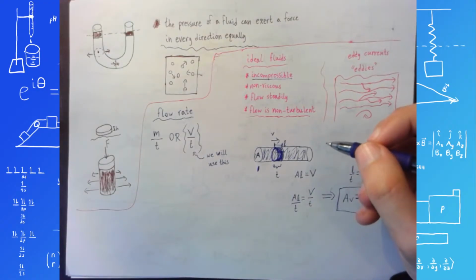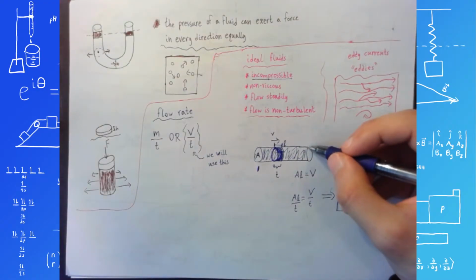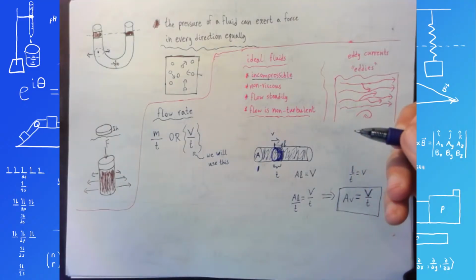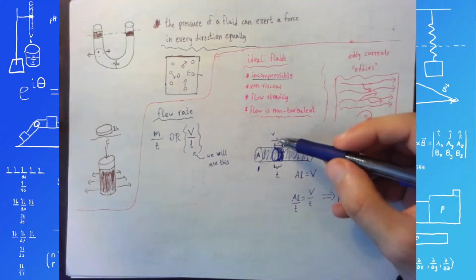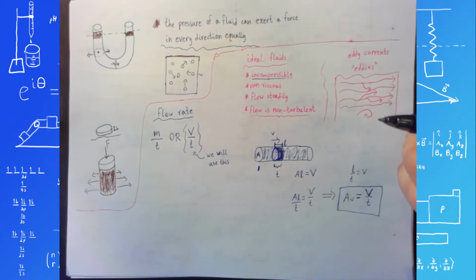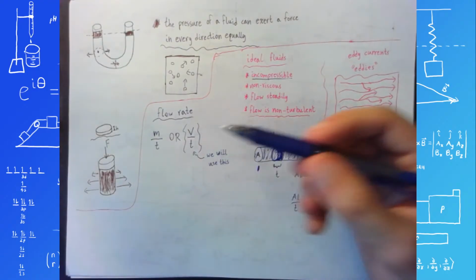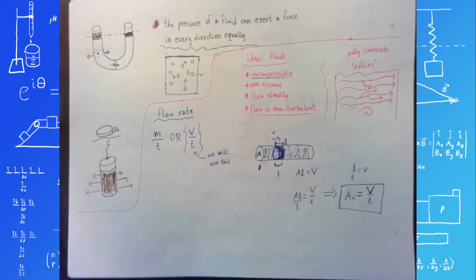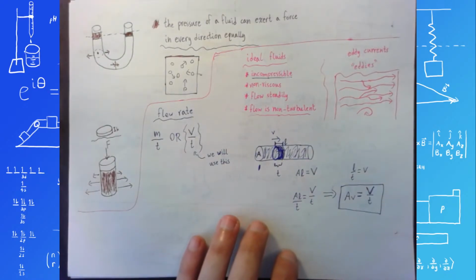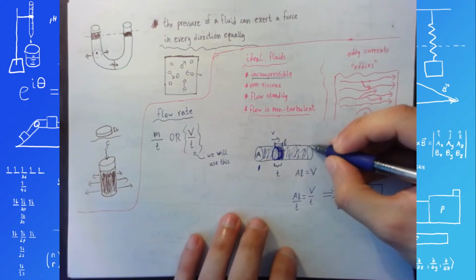So if this pipe branches out or expands or compresses, then something is going to have to change about the velocity in order to ensure that the volume moving per second remains the same, in order to keep the flow rate constant.